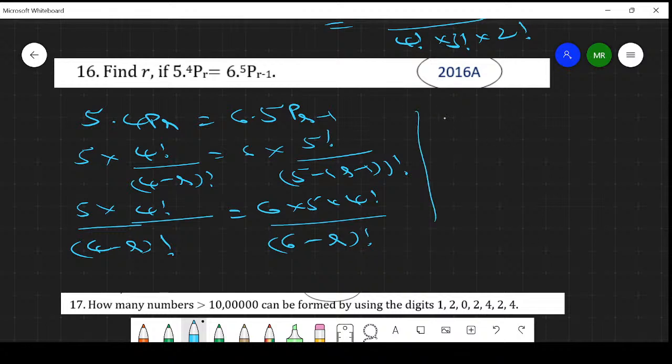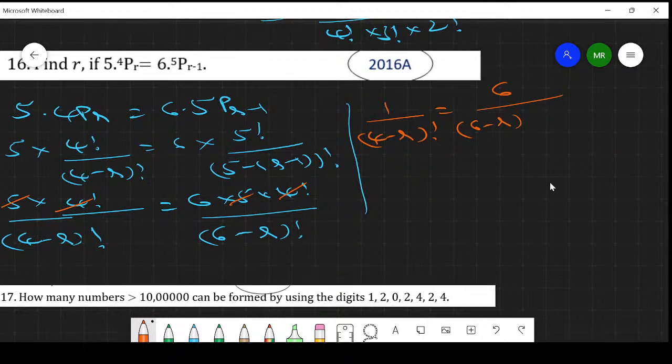I am going to simplify. Here I can eliminate 4 factorial on both sides, and also the 5. It will come 1 by (4 minus r) factorial, which is equal to 6 by (6 minus r) into (5 minus r) into (4 minus r) factorial.